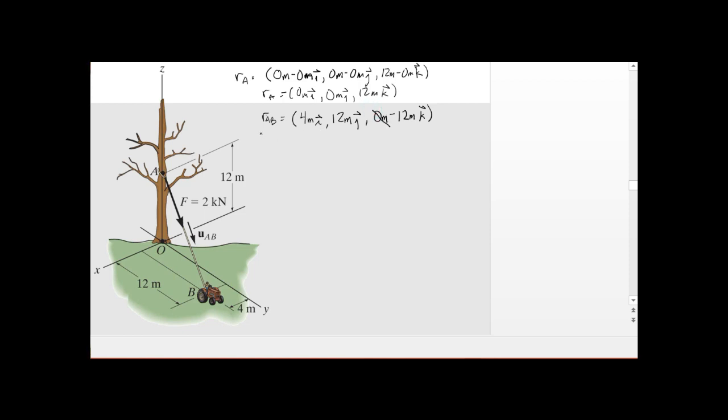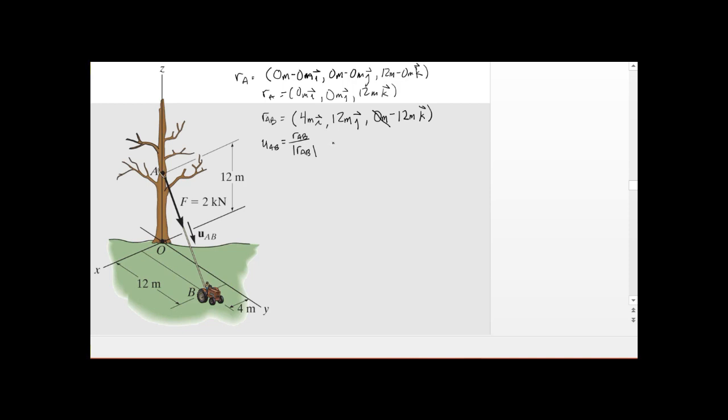The next thing to do is we need that unit vector UAB. So that's equal to RAB divided by the magnitude of RAB. So then we have to solve for the magnitude of RAB. So let's do that.